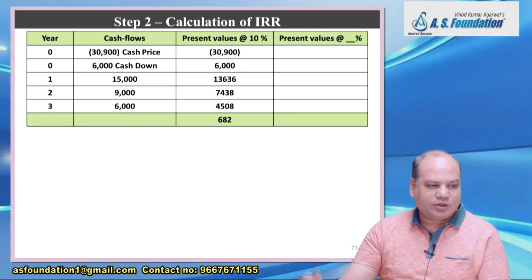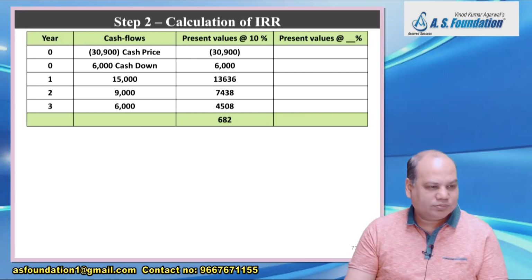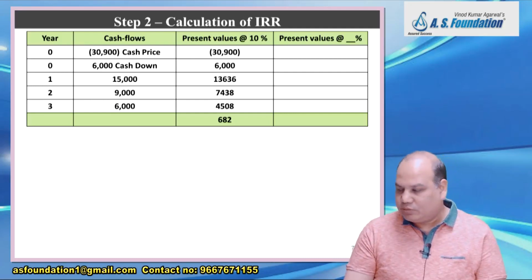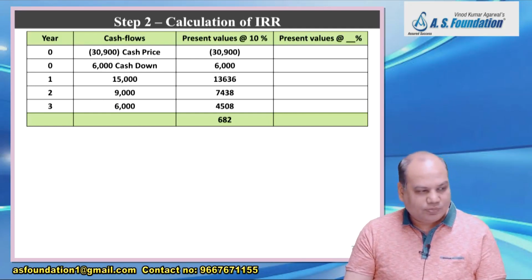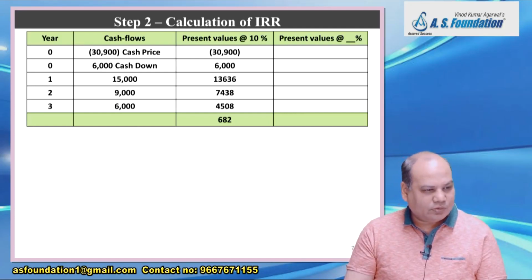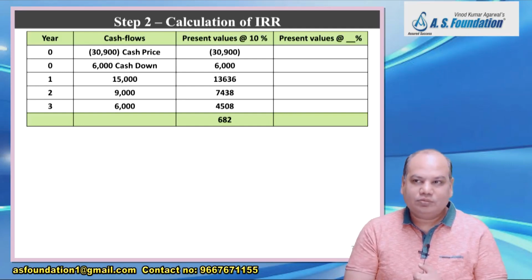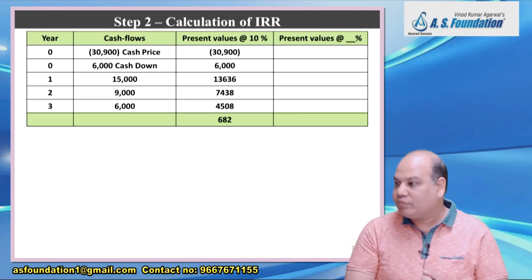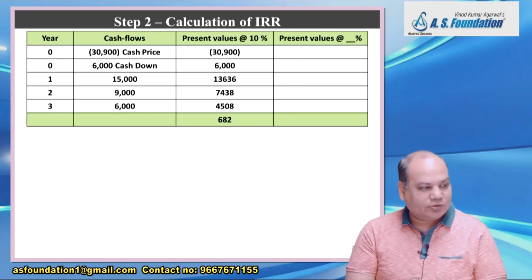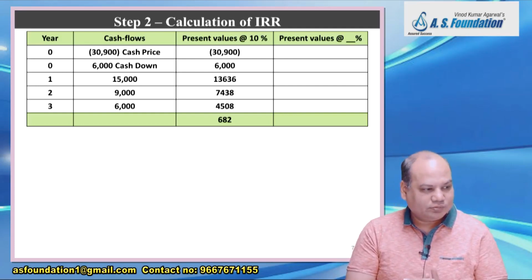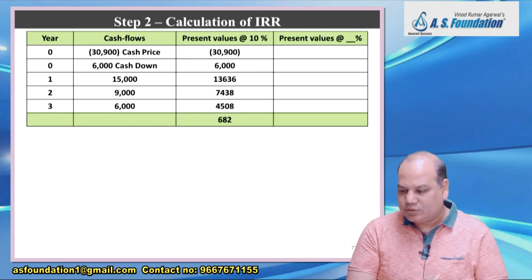So take 12% in the second column. Those who have done, take 12% and find the present value. I will not give you more hint. Take 12% and start solving. First 2 figures copy as it is.